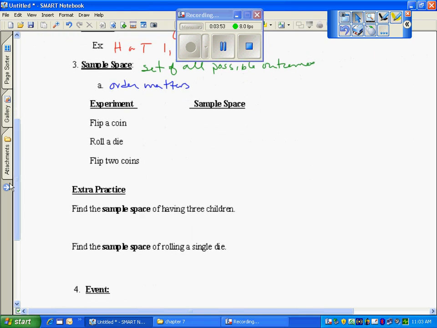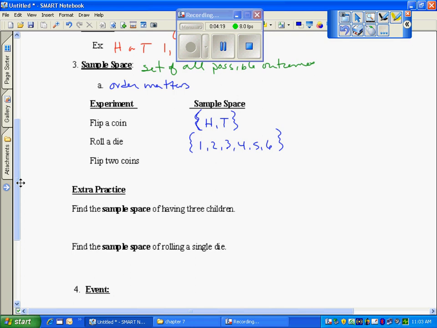When I flip a coin, I have one item that's going to happen. I'm going to get a head or a tail. That's my sample space. Notice I put those set brackets because I'm talking about a set. It's all of the outcomes. When I roll a single die, all of the outcomes would be the numbers that I could get on the die, not the one I did get.